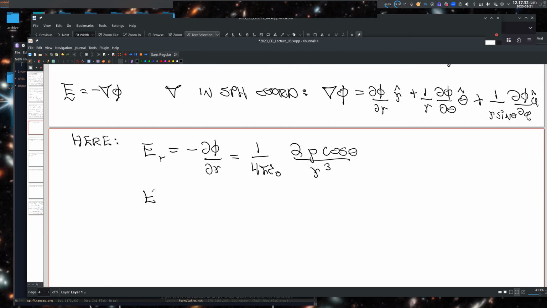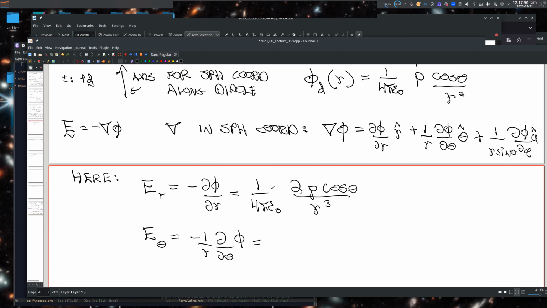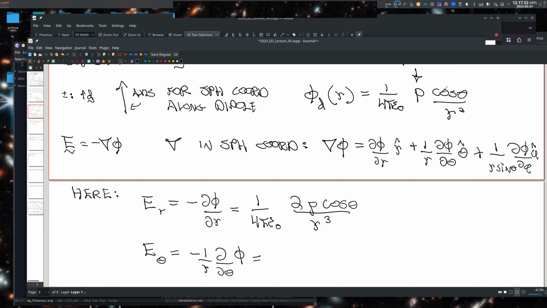The E in the theta direction. So this one is just minus 1 over r d theta of the phi that we have. So here I just take the derivative of cos theta, which gives me a minus sign. So I've got a plus here because of that. So here I get 1 over 4 pi epsilon 0.